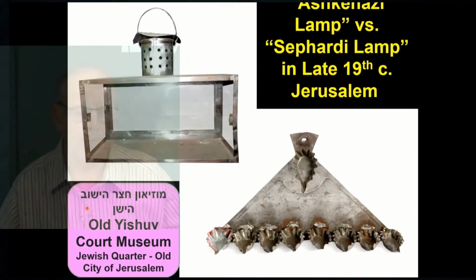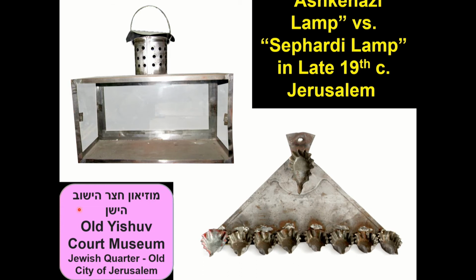So the Hanukkah lamps of the old Yishuv, as we call it, of the Sfaradim and Ashkenazim and other communities that lived in Jerusalem, were very traditional because they continued to keep the tradition alive, as it was in the past in other communities, or where they came from.